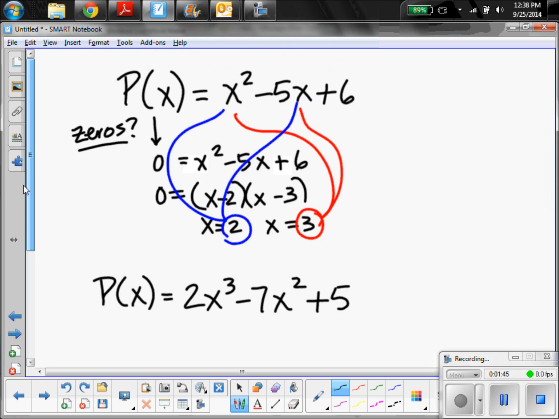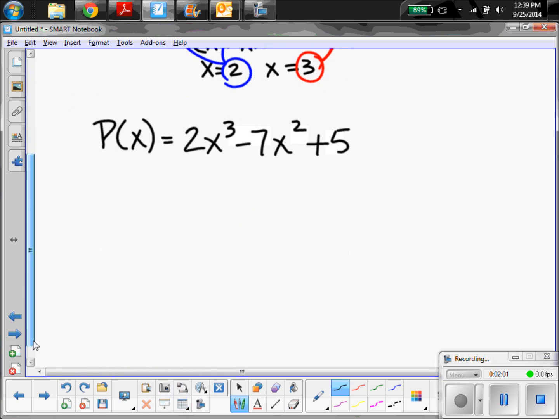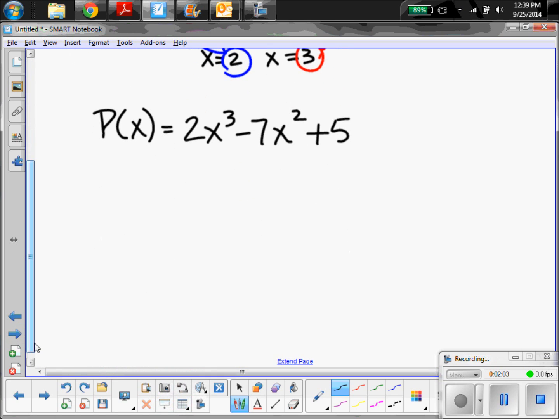If you want to find the zeros of a function, the only way we know how to do it so far is to get 0 on one side by substituting p of 0 in for p of x and then factoring.